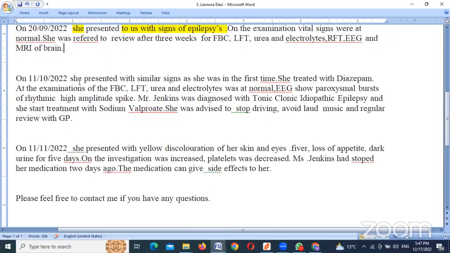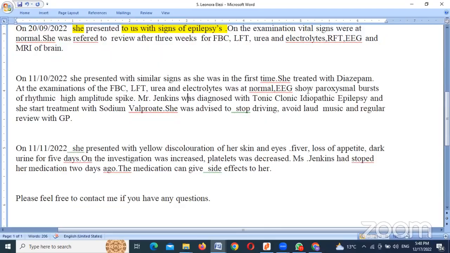On this date, Miss Jenkins presented with similar signs, just an episode of fit. The first time she was treated. Our blood investigations were normal. You can write FBC, these were normal.